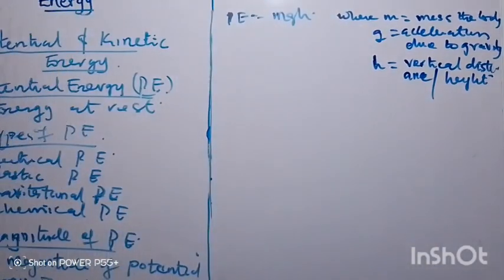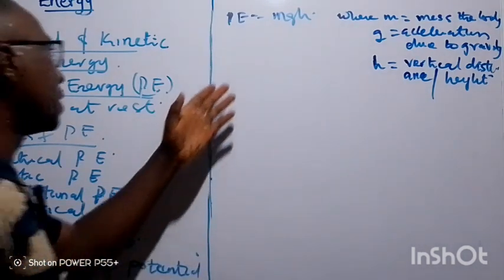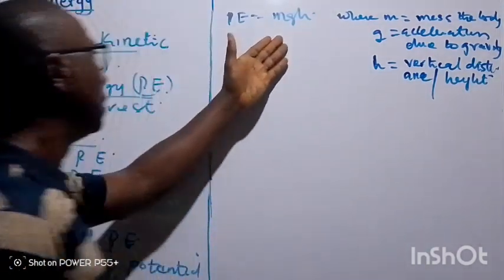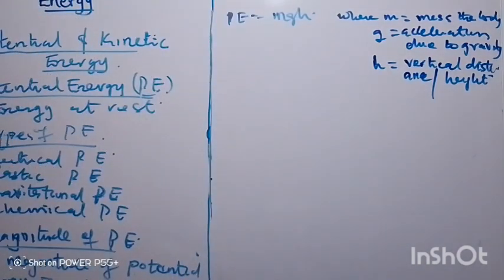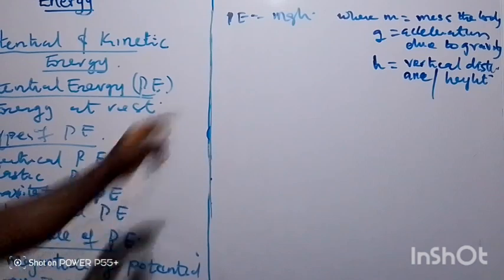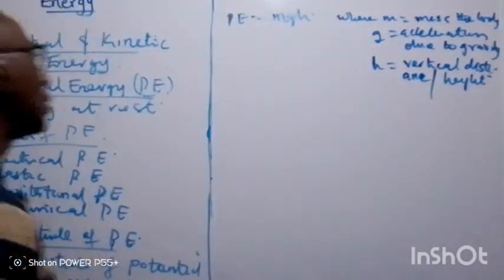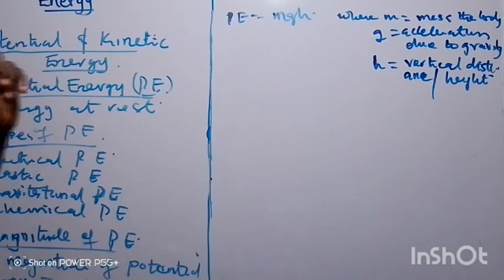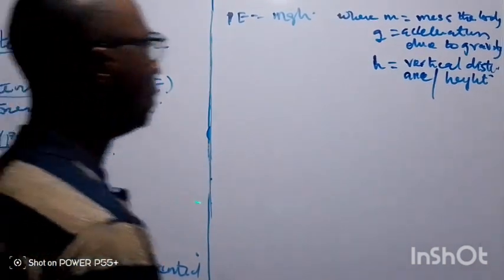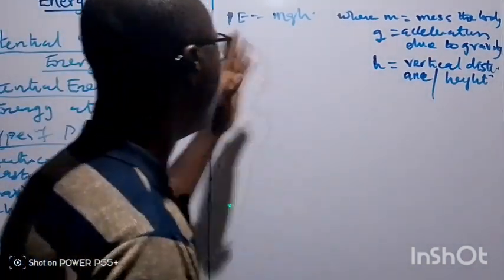So that's the magnitude of the potential energy. It means the magnitude of potential energy is affected by three factors. One, the mass of the body itself. Two, acceleration due to gravity. And three, height or vertical distance of the object on the surface.